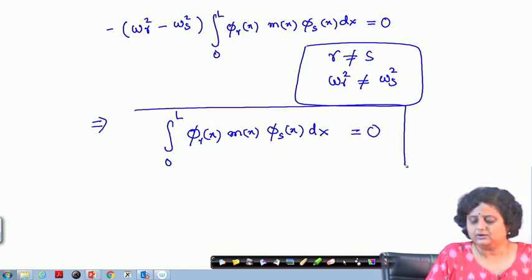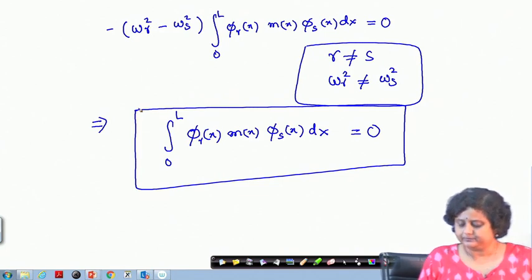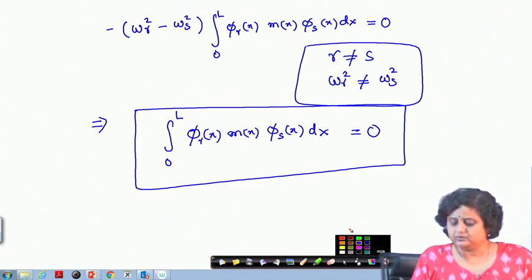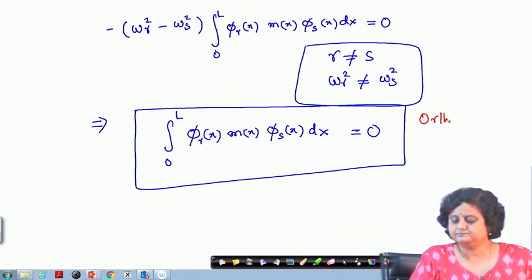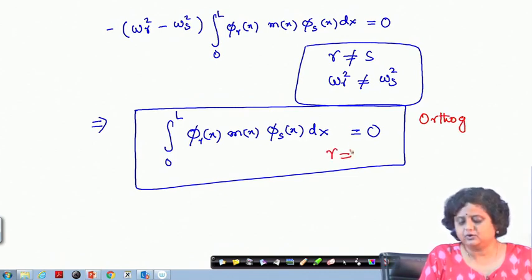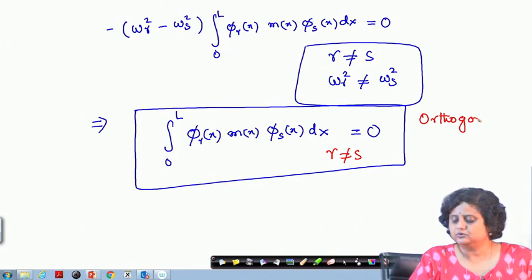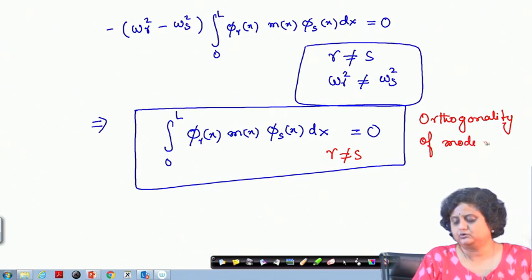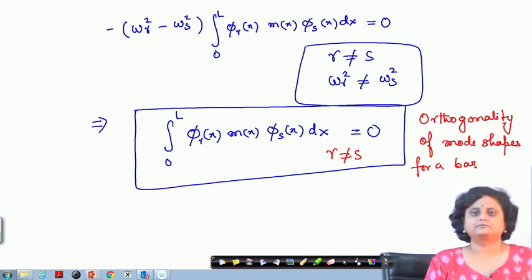And so, this is the so called orthogonality condition. So, for r not equal to s, orthogonality of mode shapes for a bar.